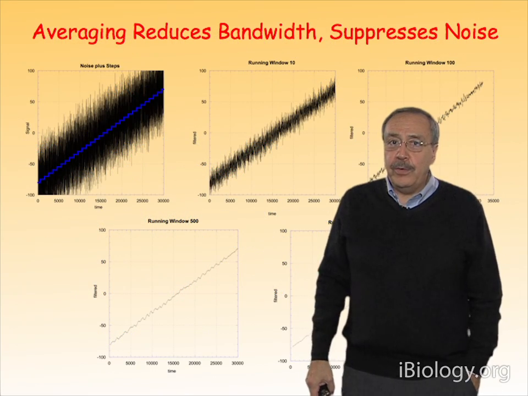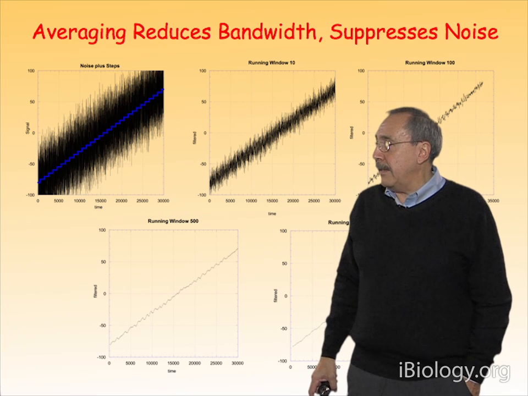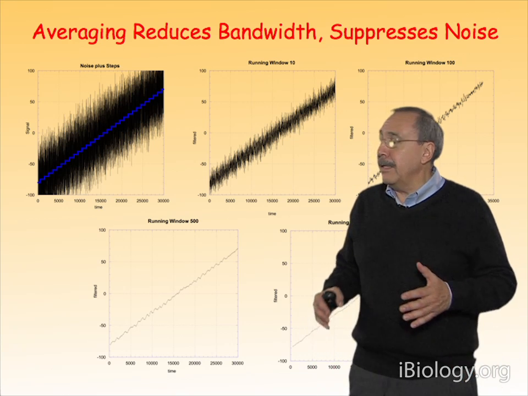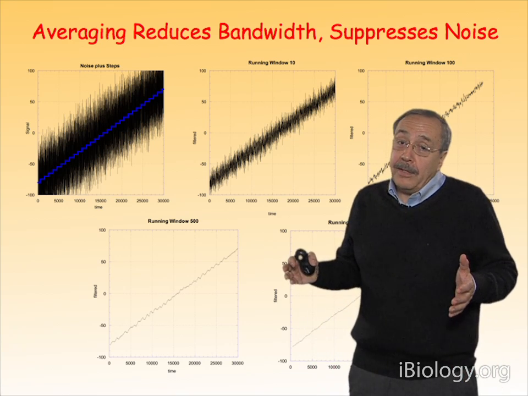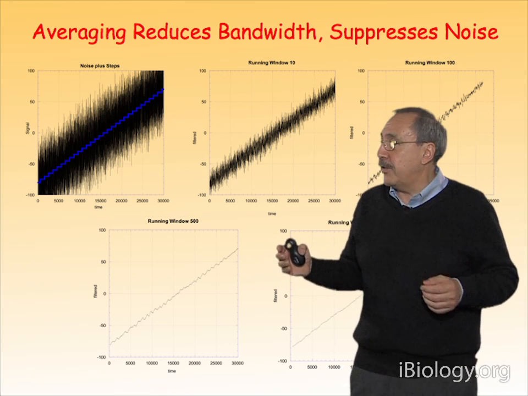We are pretty close to the end of this lecture, and I just want to remind you that in fact reducing the bandwidth is great, because it means increasing the amount of time that you average your noise.